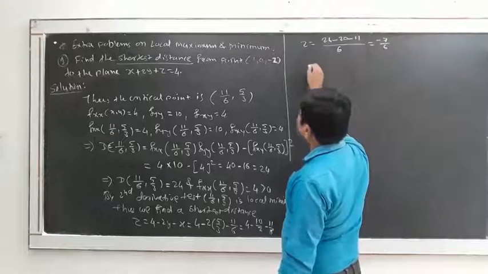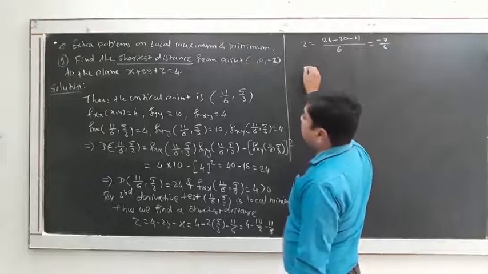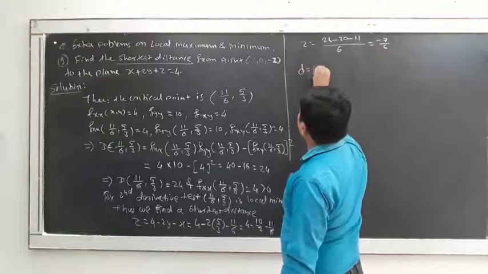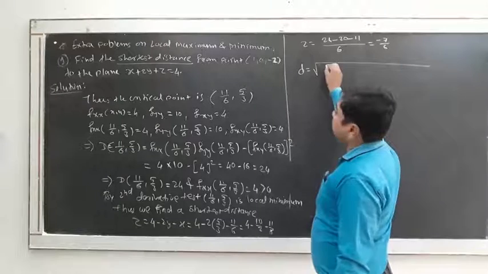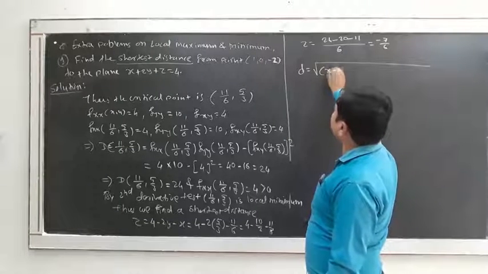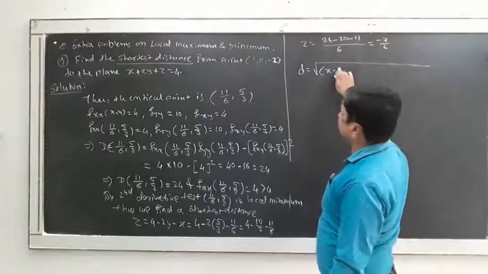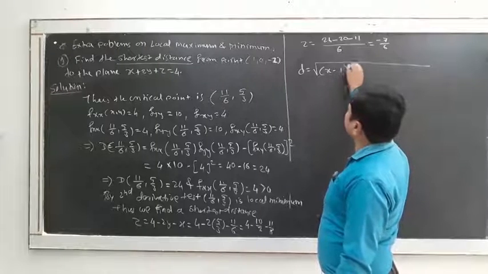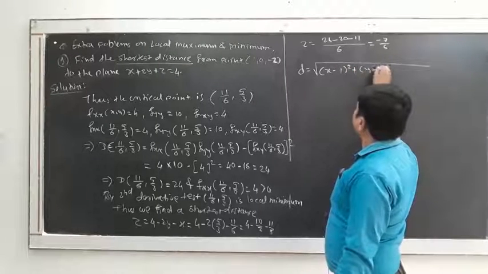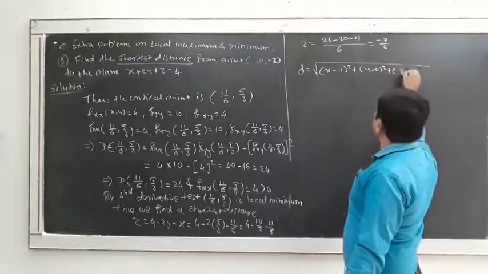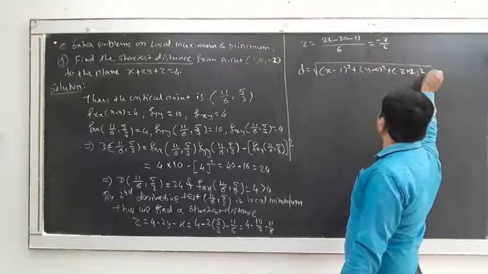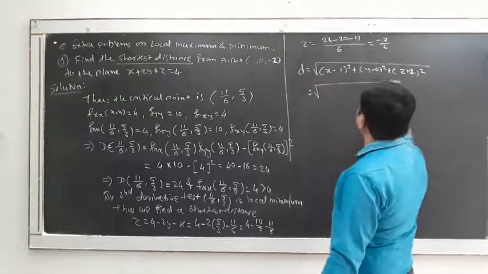So our distance, you can find the distance. D is equal to square root of x minus x0, that is x minus 1 square, plus y minus 0 square, plus z minus 2 square, and just put the values here.